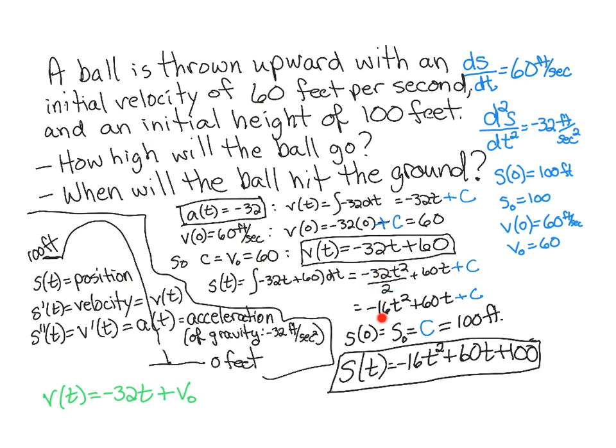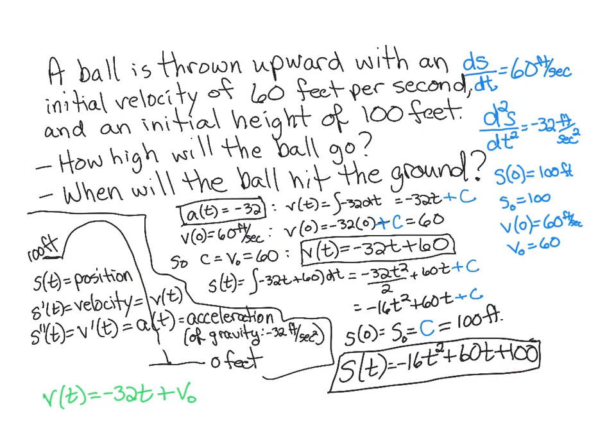First off, this is minus 16t squared plus 60t plus a constant, but the initial position, S naught, was 100 feet. So my C, this is a 0, this is a 0. When I plug in the 0, my constant was 100. And I get this formula or function which represents the position of the ball at any time t.